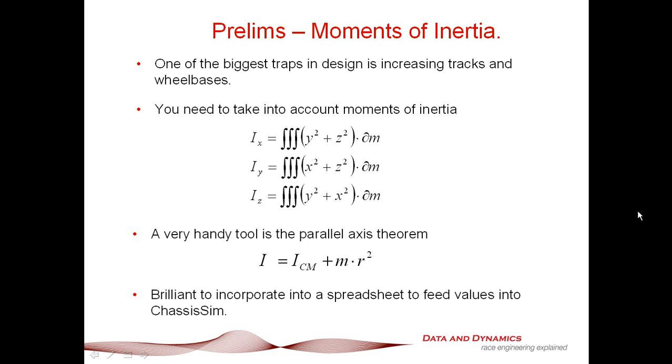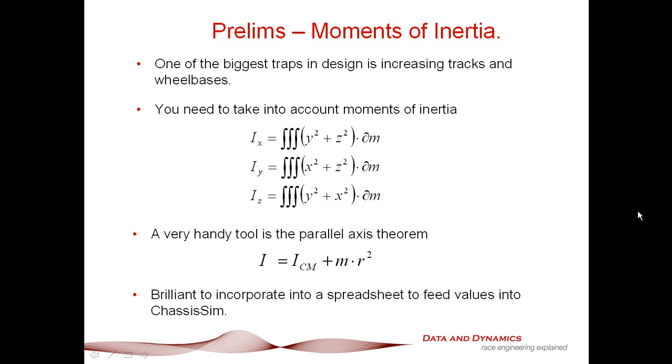If anything, you could do it as a function of your current baselines, if you already know what your moments of inertia are, which would be your current mean track and your current wheelbase. All you would do is have the equation: moment of inertia is I baseline multiplied by (track new over track baseline) all squared.